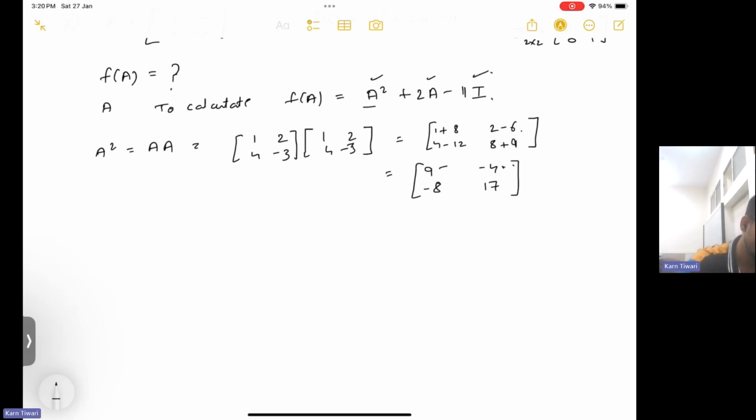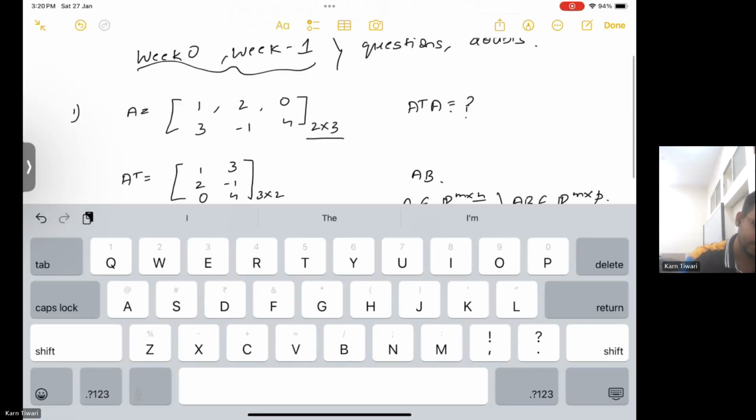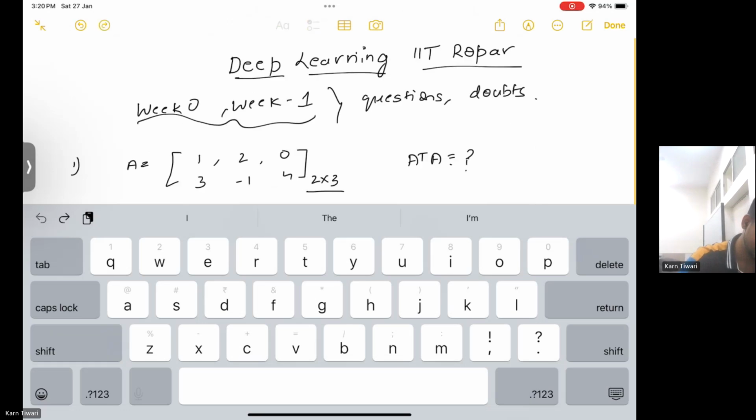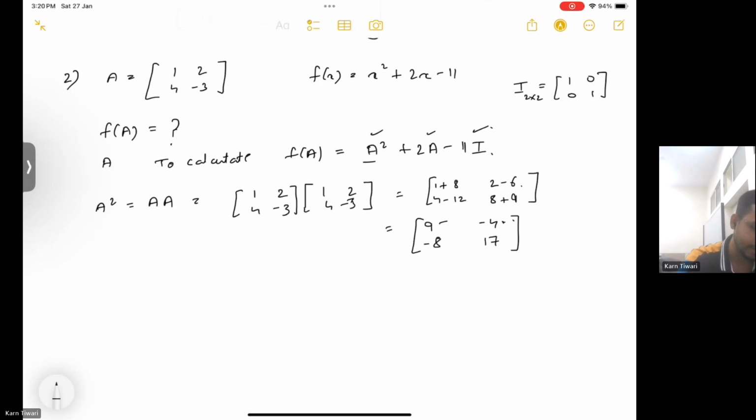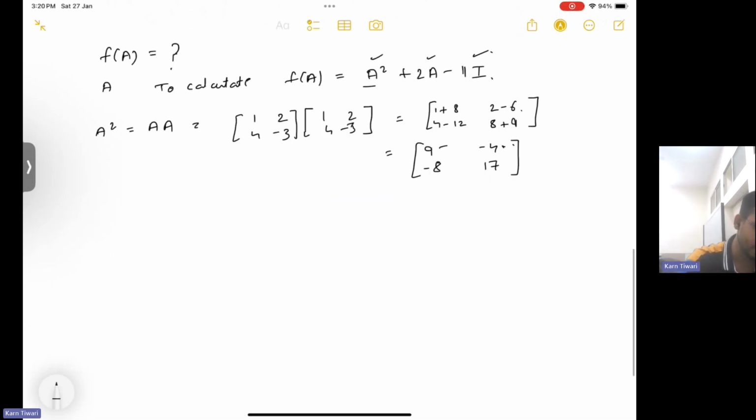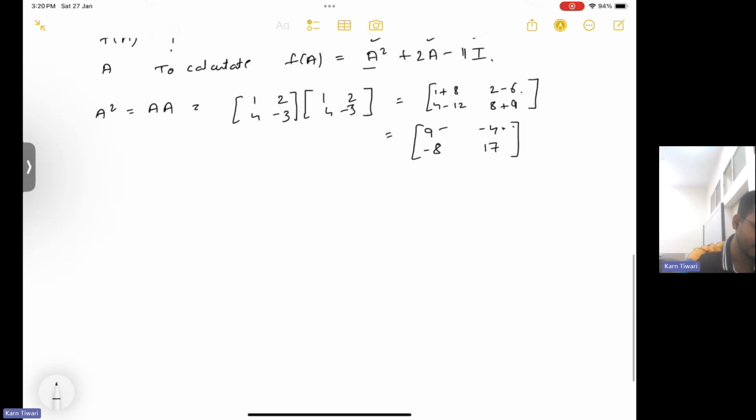It's correct. 4 cross 1, 4, minus 3 cross 4, minus 12. If you add these two terms, you're gonna get minus 8. Yeah, it's also correct. Then 4 cross 2, 8. Minus 3 cross minus 3, that is 9. 8 plus 9, that is 17.